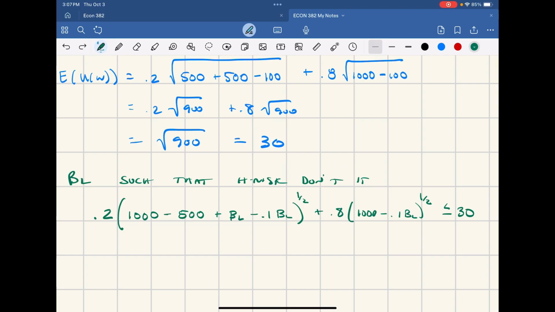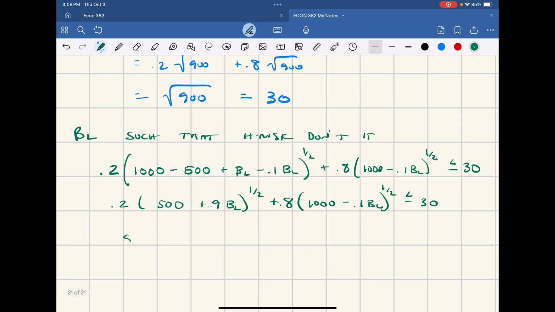So again, this is using the probability of the high-risk individual to calculate the benefit of the low-risk individual. And so to do this, we'd get 0.2 times (500 plus 0.9 BL) to the 1/2 plus 0.8 times (1,000 minus 0.1 BL) to the 1/2 is less than or equal to 30.